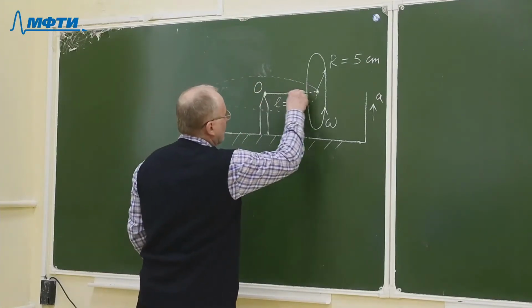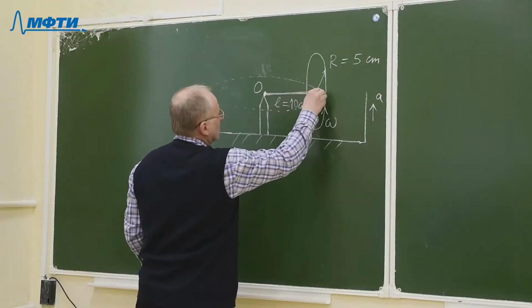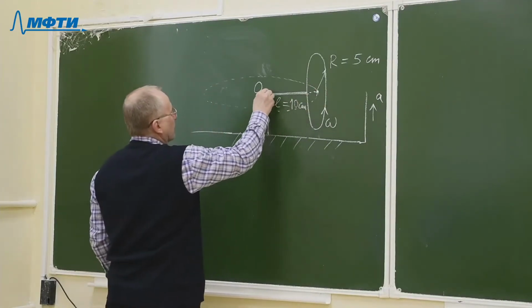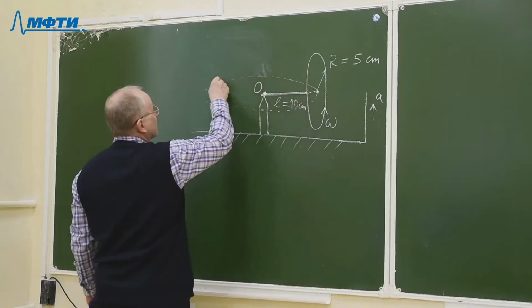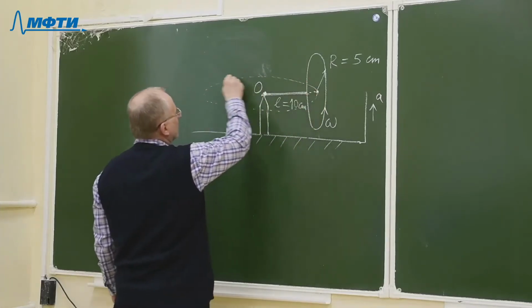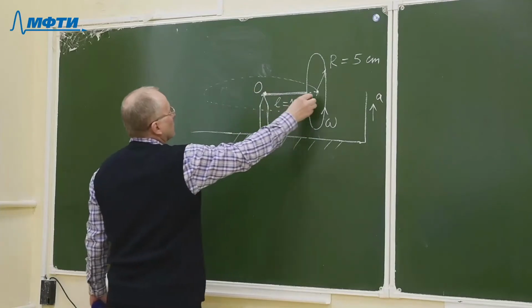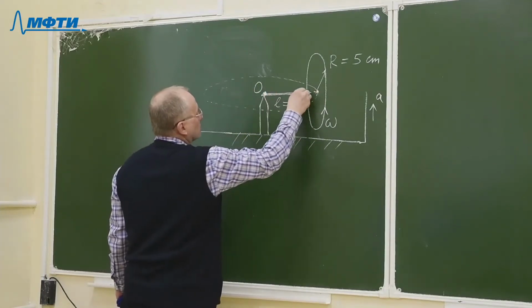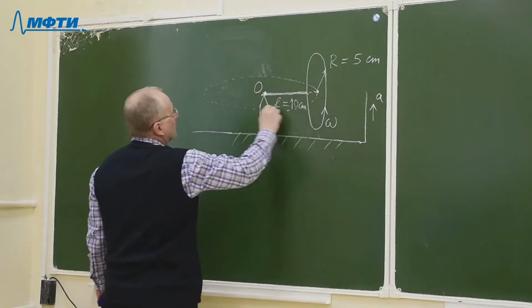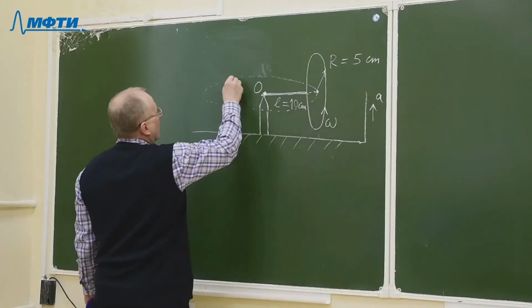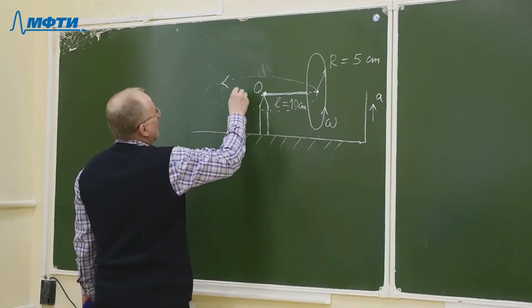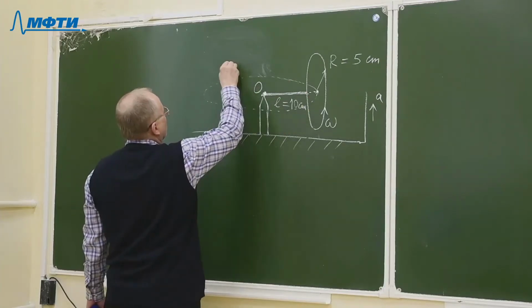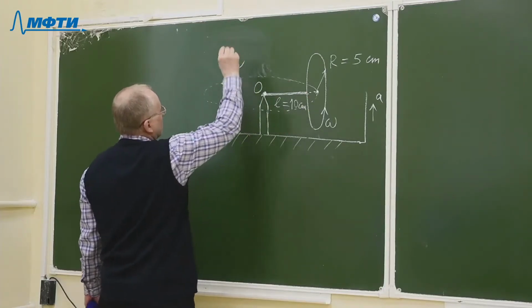That is, the rod to which the gyroscope is fixed and which is hinged here at point O is rotating slowly, at much slower angular velocity than omega. So the movement of this rod along the circular trajectory takes place at some angular velocity which I will denote by capital omega.